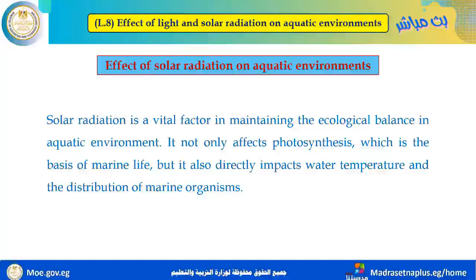It not only affects photosynthesis, which is the basis of marine life, but it also directly impacts water temperature and distribution of marine organisms. So the solar radiation has very essential effects on the aquatic environment.